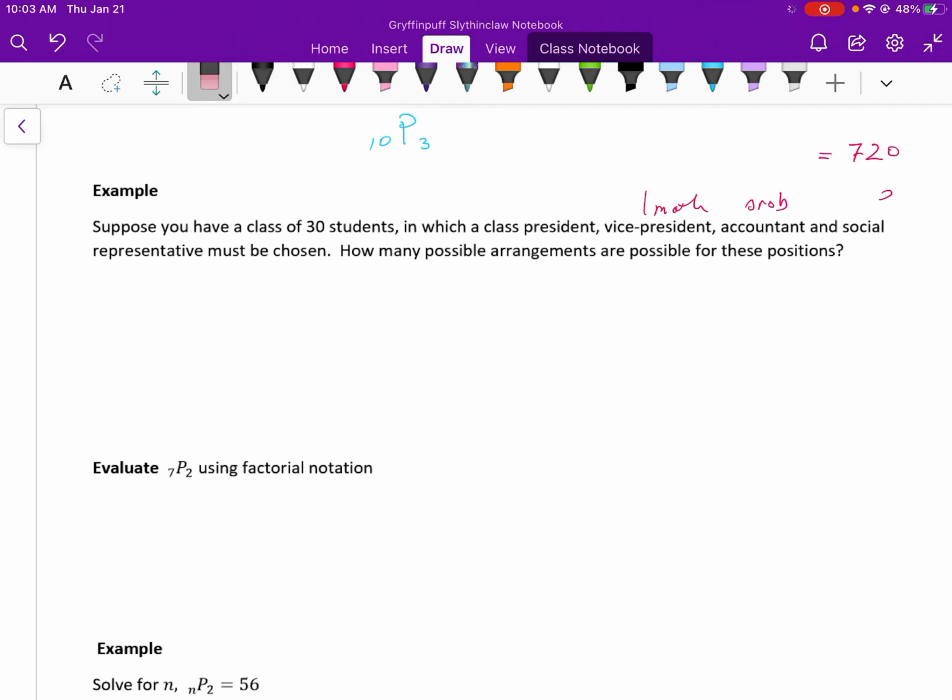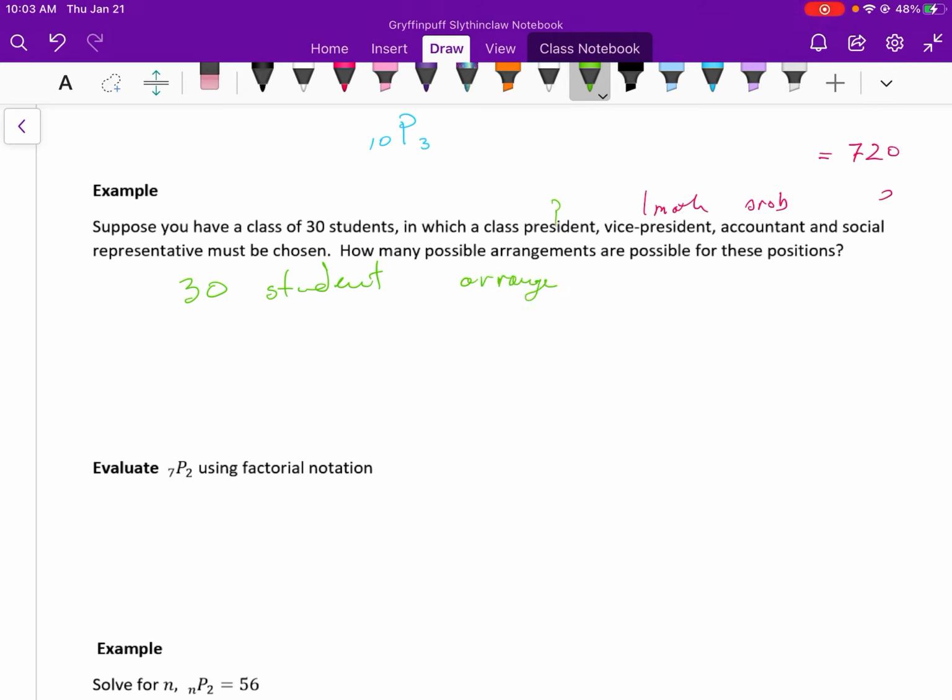Let's get on to the next question. Suppose you have a class of 30 students in which a class president, a vice president, an accountant, and a social representative must be chosen. How many different arrangements are there for these positions? Right now I have a set of 30 students.